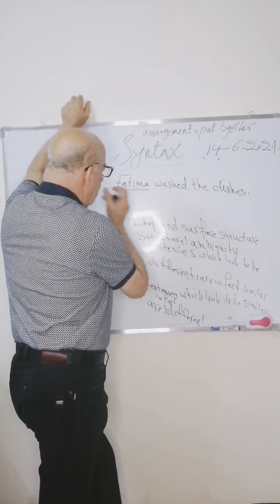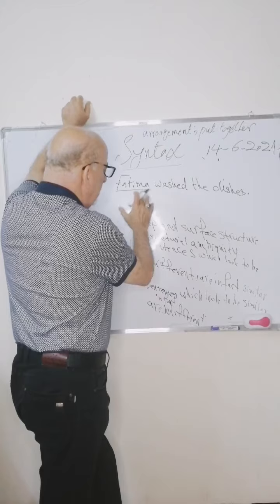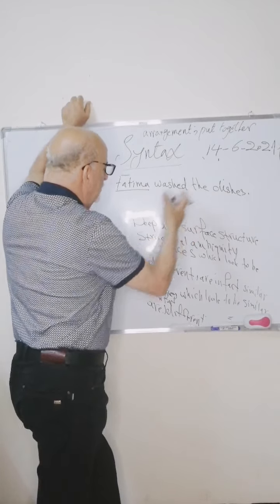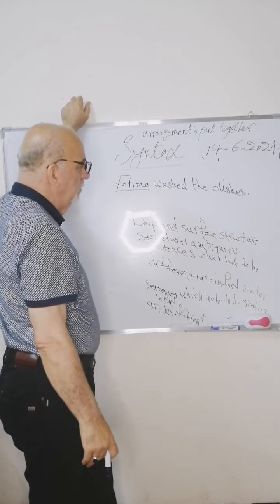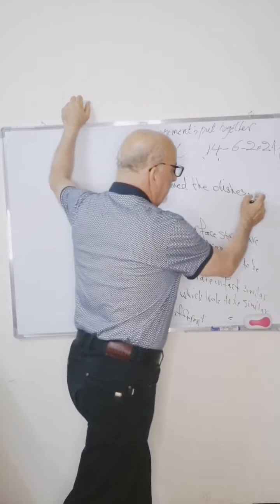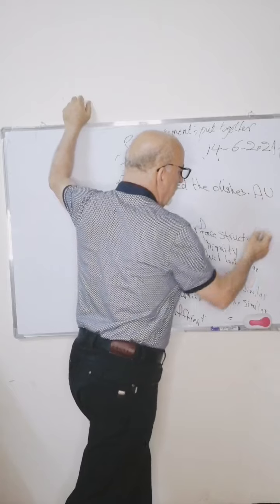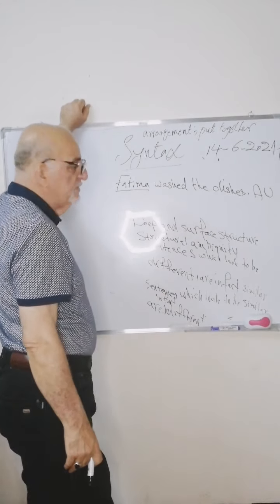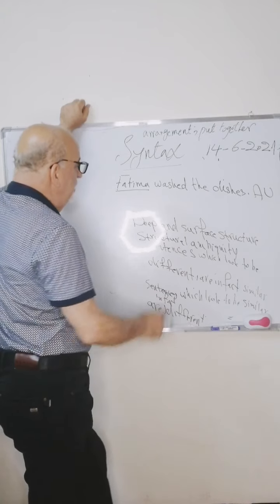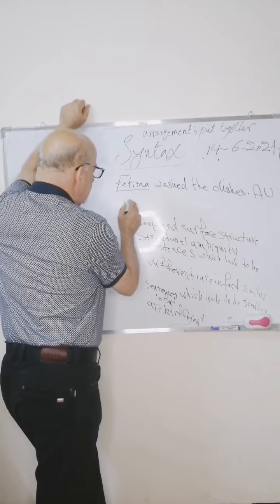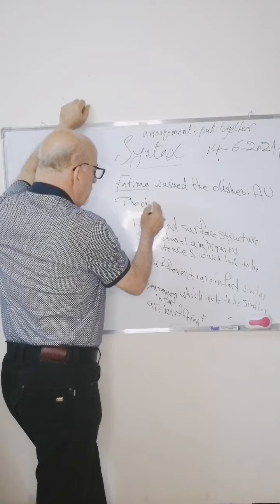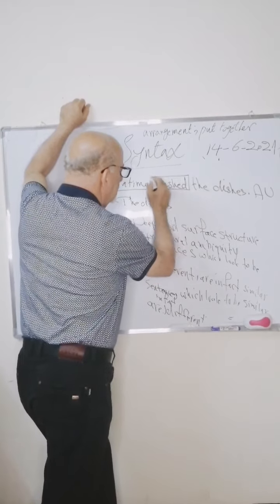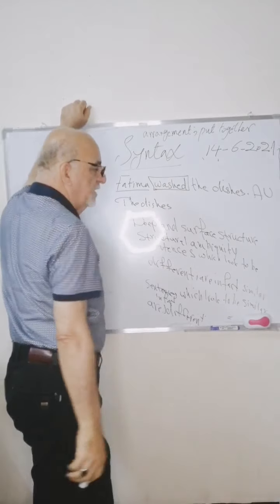Now, okay, other structure. So Fatima washed the dishes. When we change this into what? Active voice, active voice. When we change this sentence into passive voice, it's going to be the dishes are washed. What is the passive form?